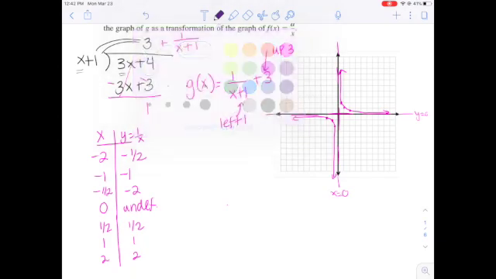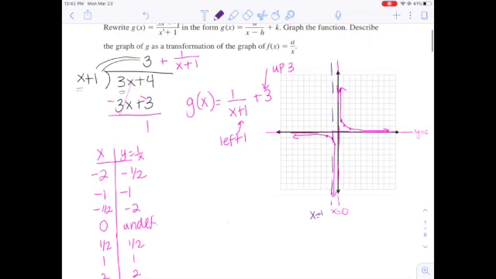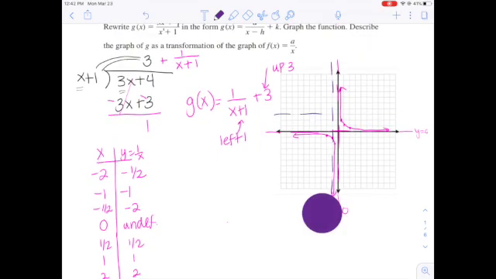So now we just have to pick it up and move it. And remember, your asymptotes go with it. So we're going to go left with the asymptote, so your asymptote moves to x equals -1, and up 3. I'm going to erase my parent graph at this point and its asymptote.